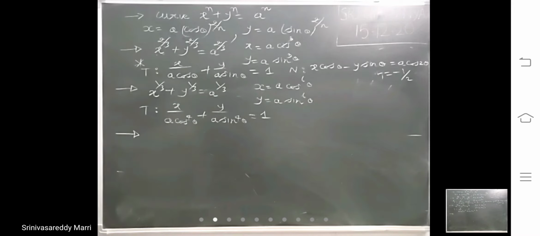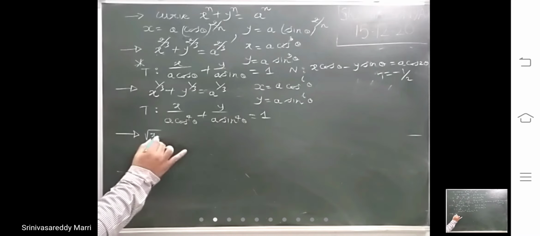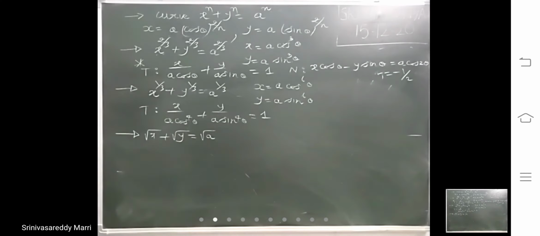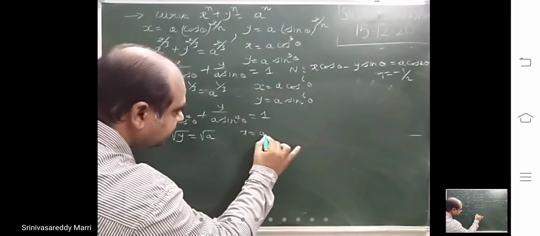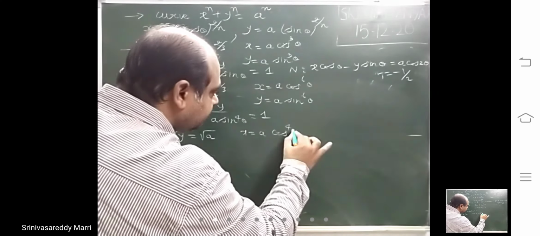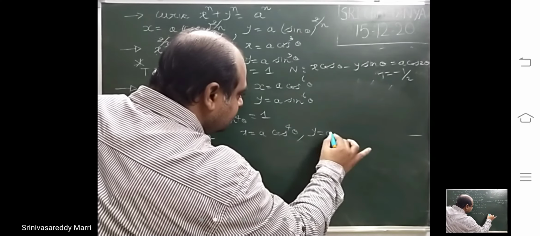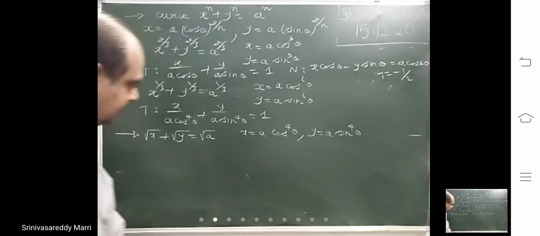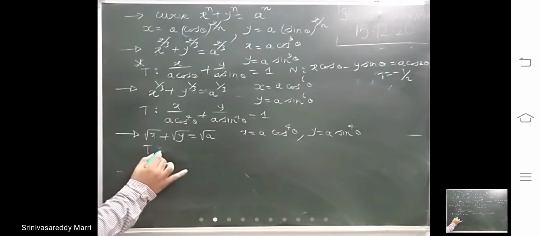Next, suppose the curve is like root x plus root y equal to root a. So the point on this curve will be of the form a cos power 4 theta comma this. So tangent equation is very important.